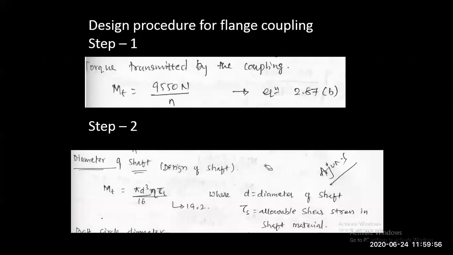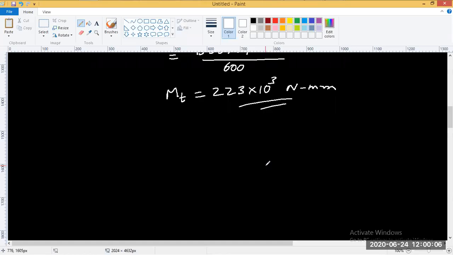So step 2, according to the procedure, is to find the diameter of the shaft. We're using the torque equation again. Step 2 is the diameter of the shaft. This is the base of everything, all the dimensions which we are going to design.